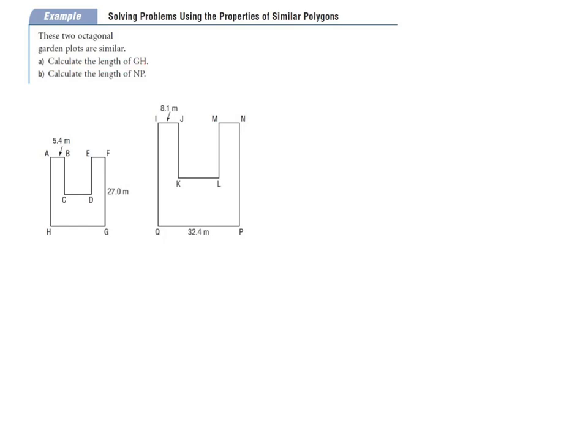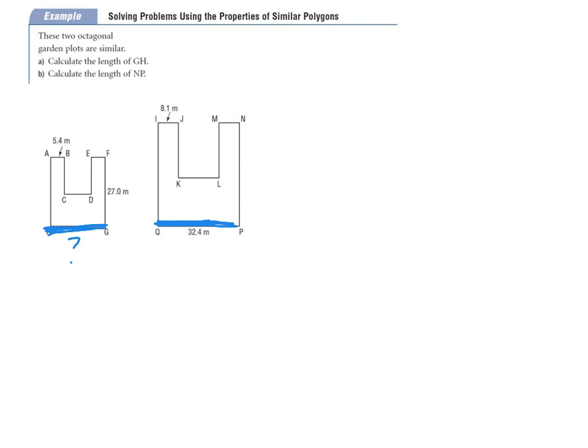Where is GH? Here is side GH. So they are asking us to calculate this missing side. Now, if we look at what we have here, we have the corresponding side, and we know that the corresponding side on the larger diagram is 32.4.